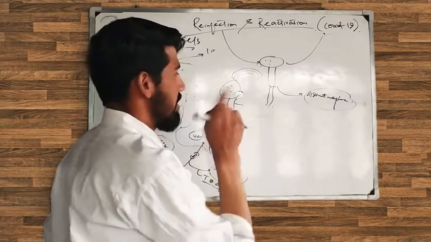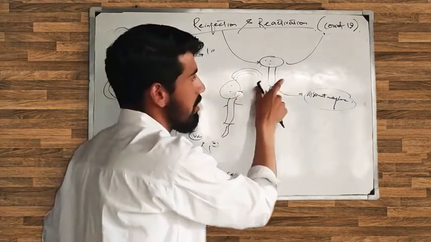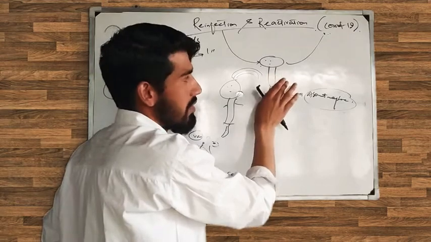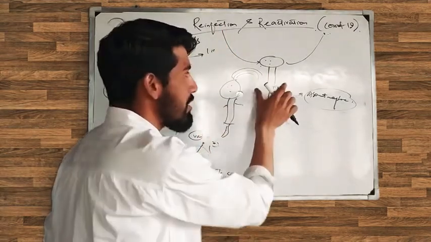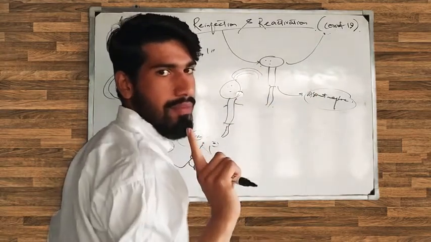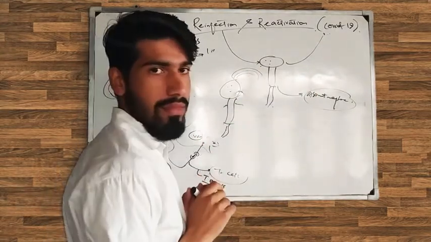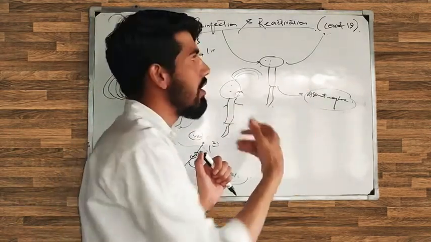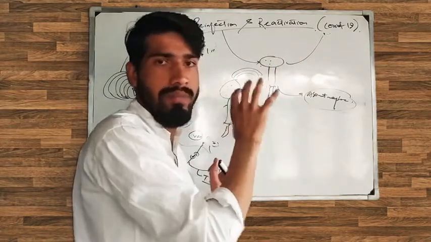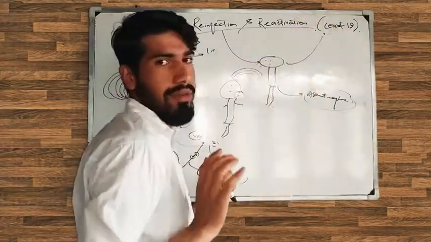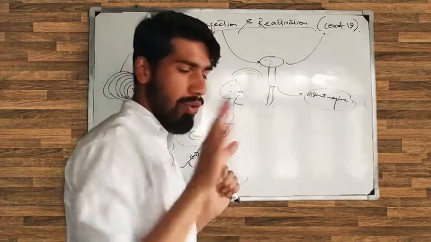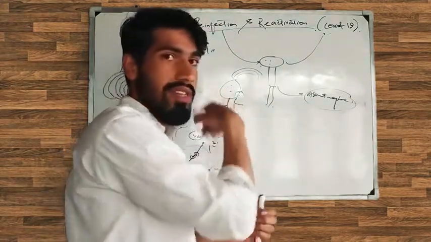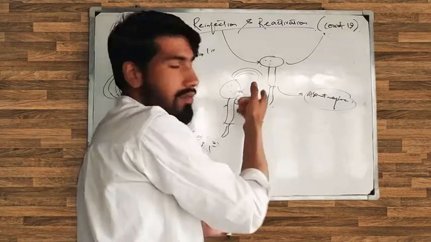For example, when this person transmits COVID-19 to this person, that's called the reinfection. But in the case of COVID-19, this person is fit and immune. It was infected by COVID-19 earlier, but recovered after some time. Now it's asymptomatic. But here is another person which can transmit COVID-19 to this person, but this person is immune.